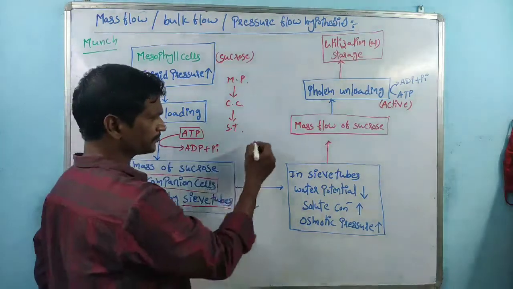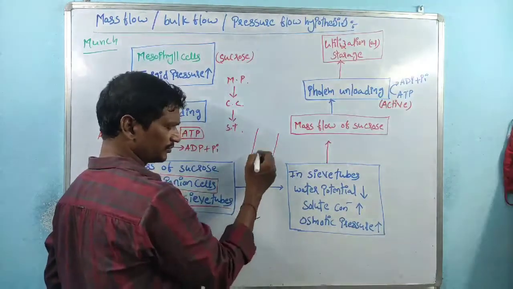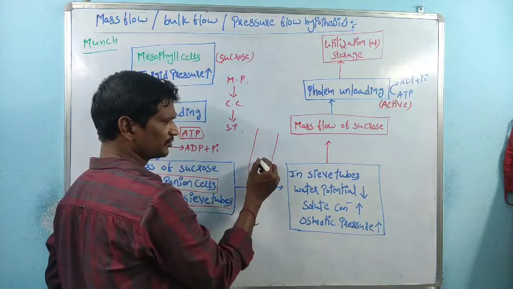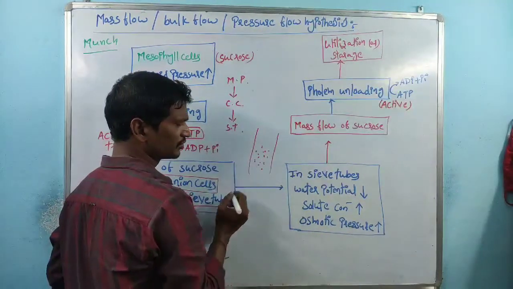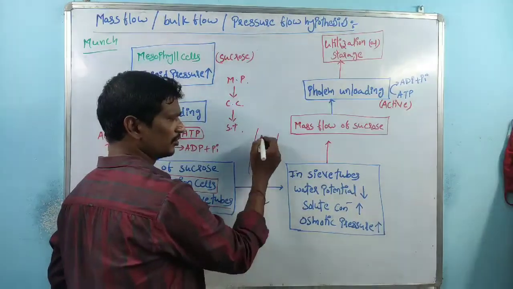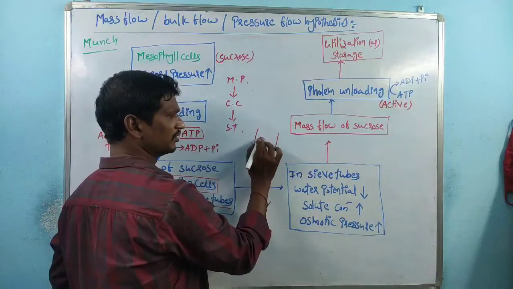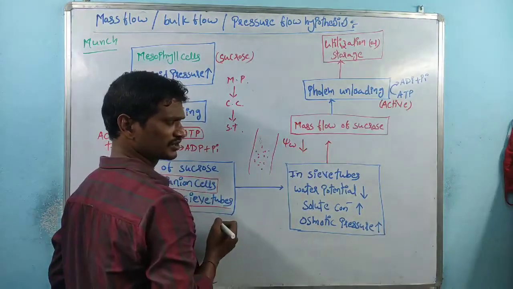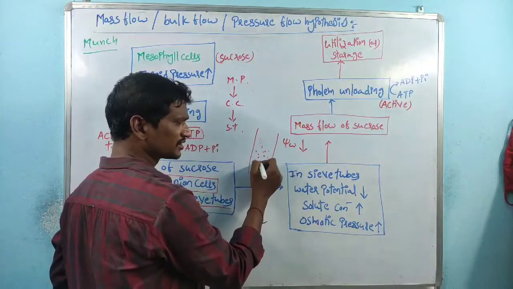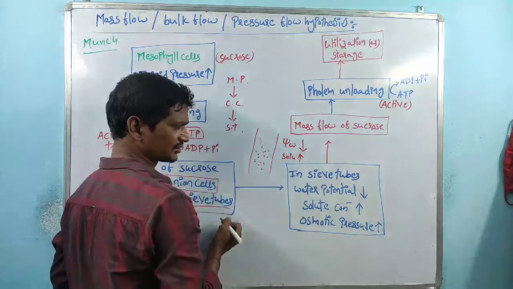Suppose this is one of the phloem, and within the phloem this is one of the sieve tubes. Within the sieve tube, if the sucrose molecules enter, the water potential is decreased and the solute concentration is increased.